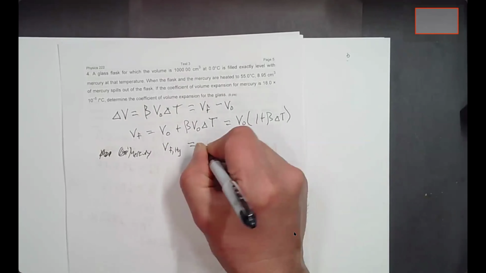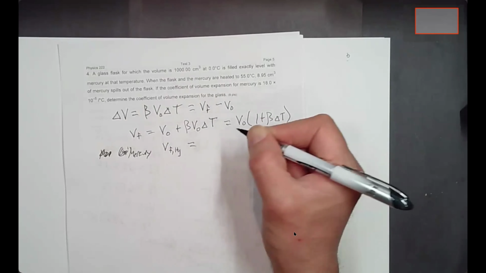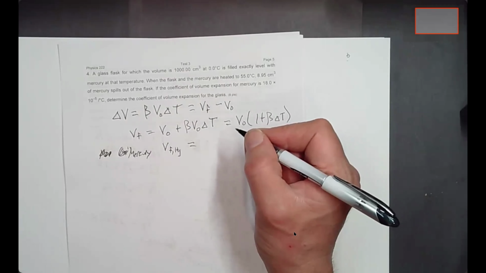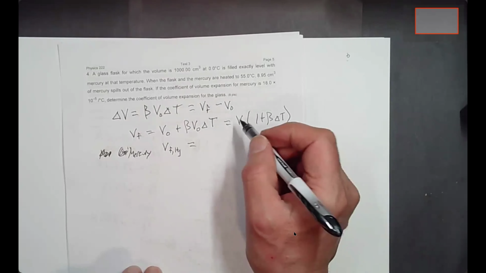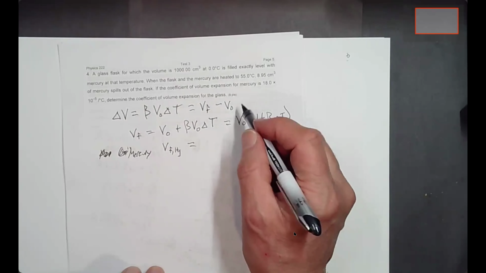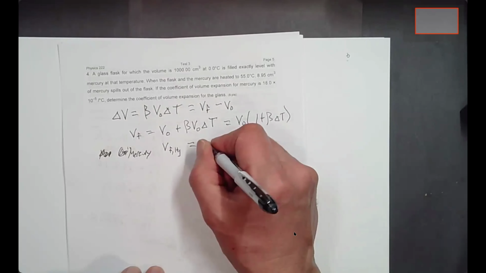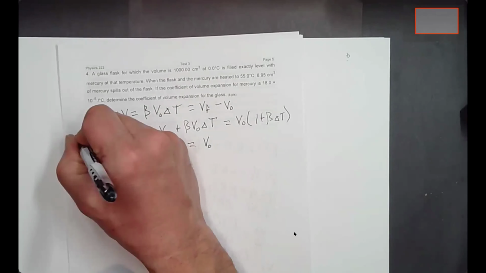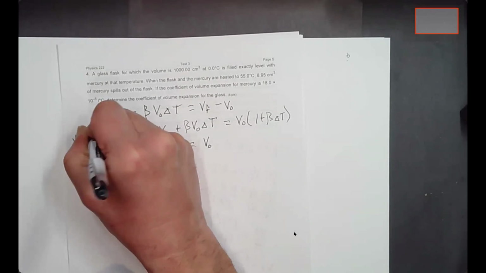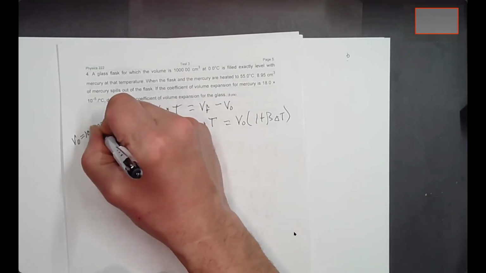That's going to equal... The V naught for the mercury happens to be the same as that for the other stuff, so I'm just going to use V naught and write it off to the side. V naught is 100.00 centimeters cubed.